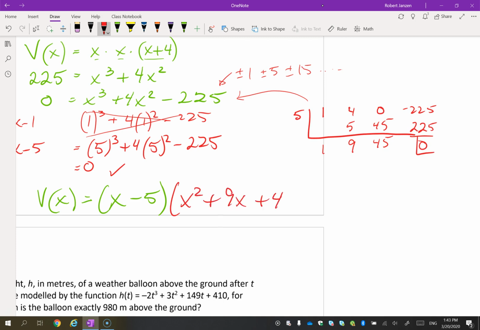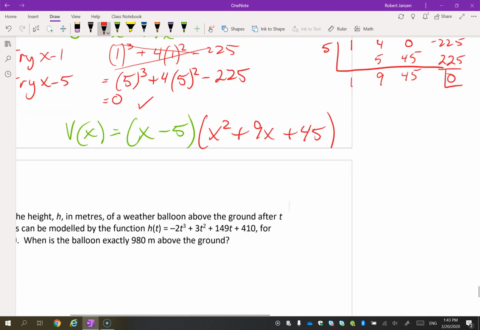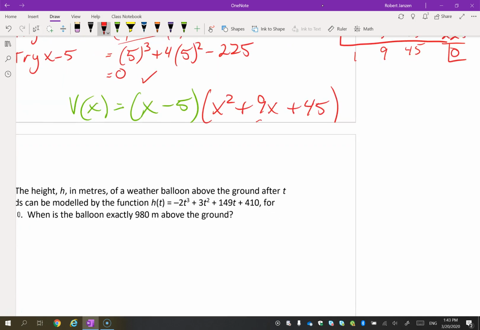So there is our product. This actually can't be factored. You could check that using b squared minus 4ac, but it can't be factored, meaning there is only one solution.